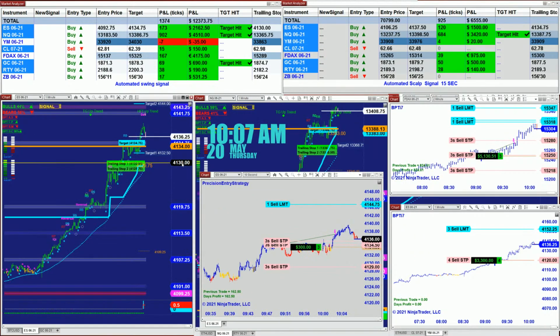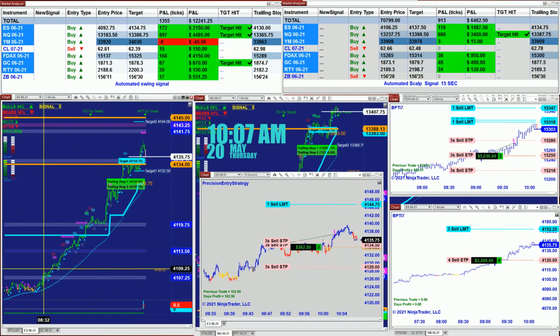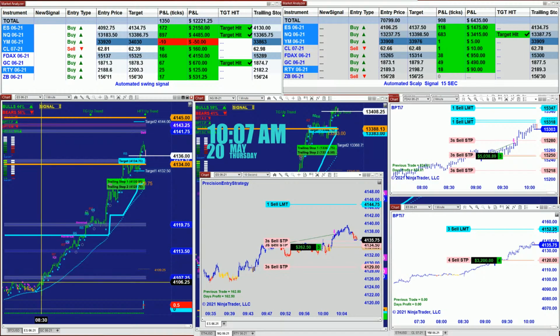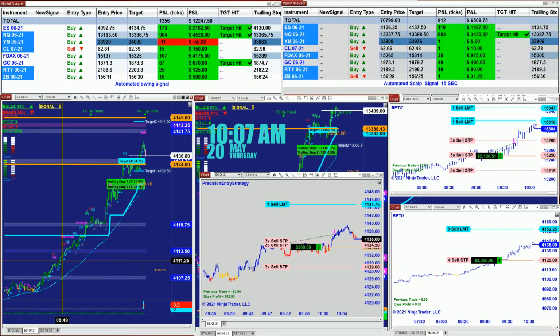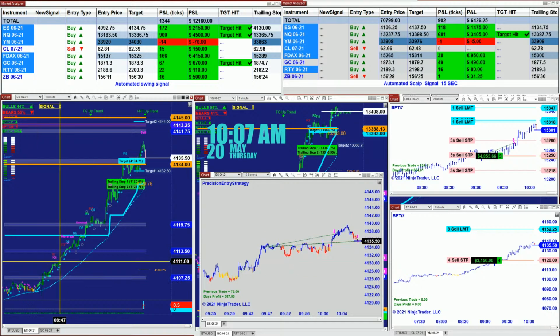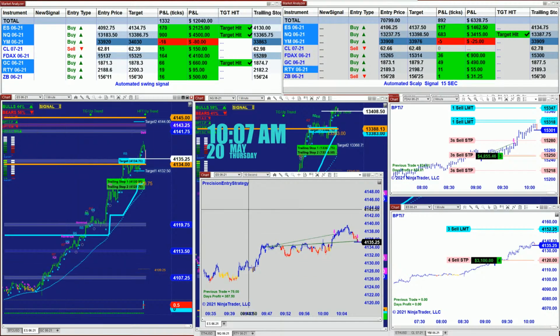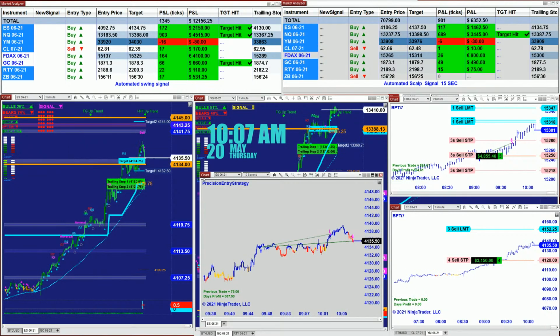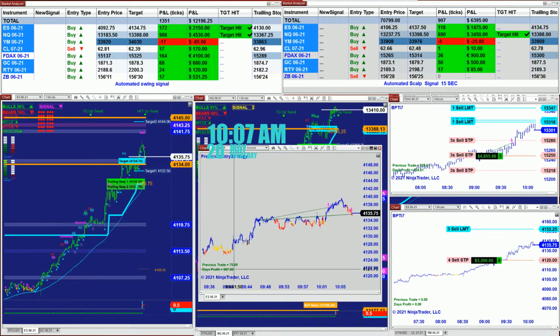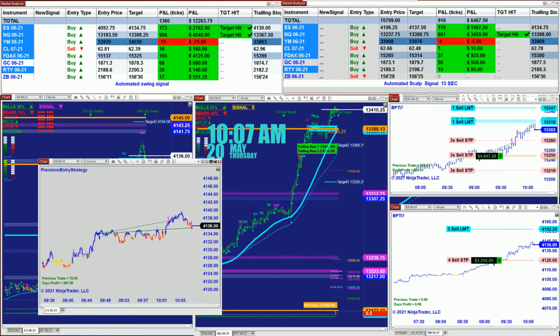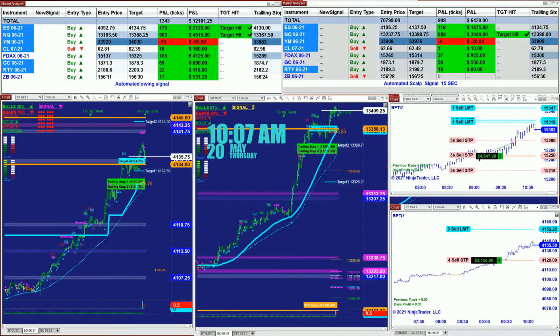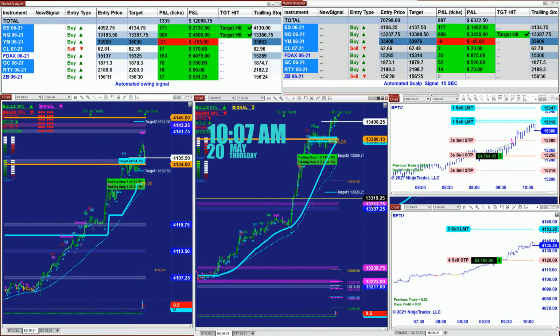As you noticed, this ES was a very strong trend from early this morning, and on that round we made 387. We're going to put it on the side for a second so we can compare the Nasdaq and the ES.